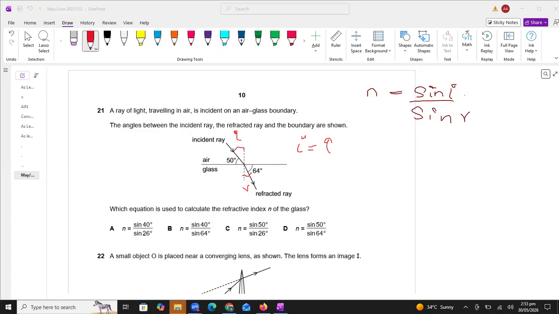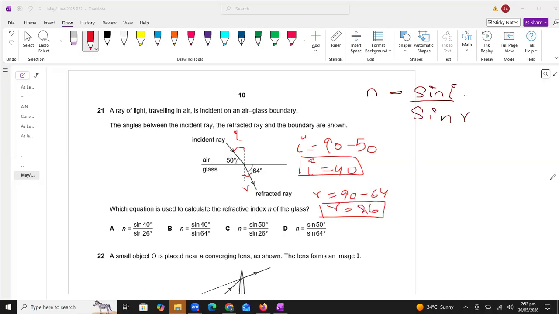So 90 minus 50, angle I is basically 40 degrees. And how will we determine angle R, students? The normal makes a 90 degree angle with the boundary. So 90 minus 64, what will we get? 26 degrees. So angle R is 26 degrees.